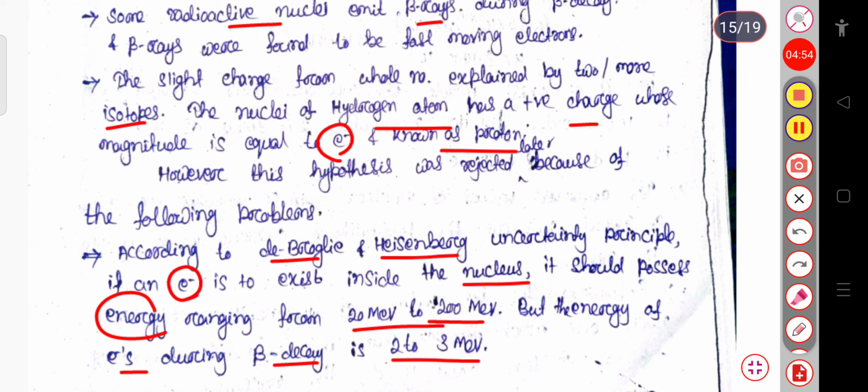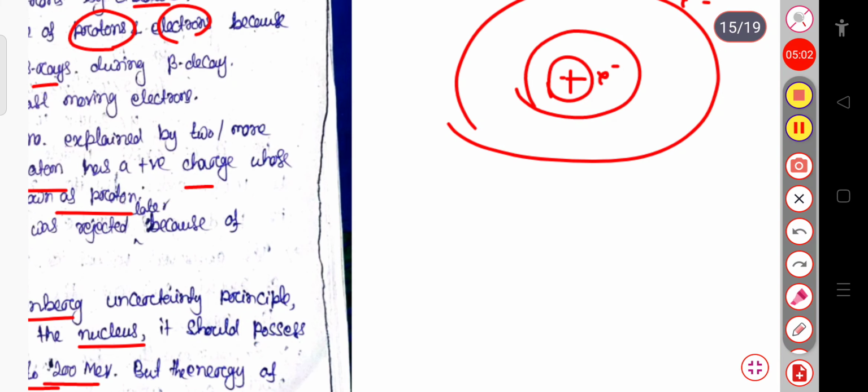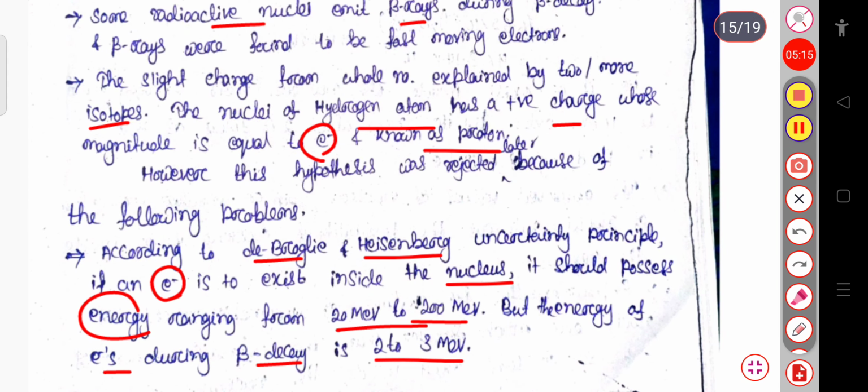That means if an electron existed inside the nucleus, it should possess 20 MeV to 200 MeV of energy, but in the actual beta decay experiment, the electron possesses an energy of 2 to 3 mega electron volt.